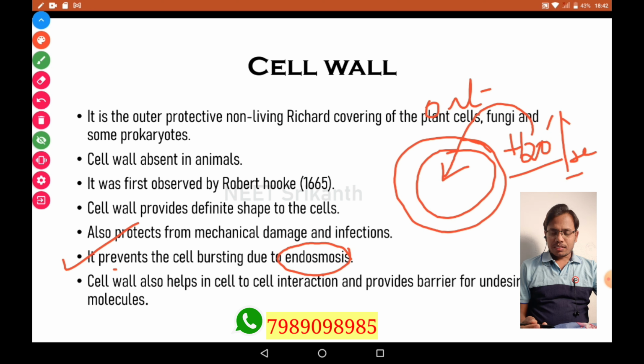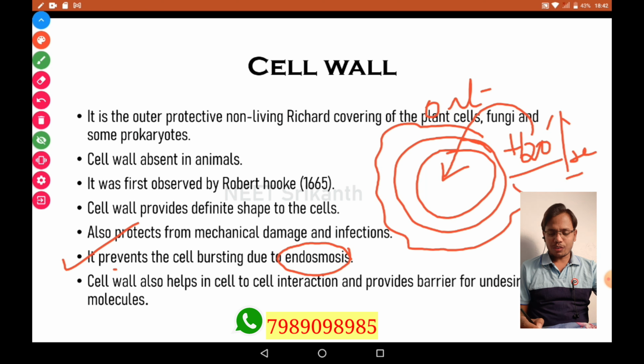But plant cells have the cell wall. What is the outermost layer in the plant cell? Cell wall. So what is the meaning of endosmosis? Endo means inside. Osmosis, the movement of water from outside to inside, is known as endosmosis. Due to endosmosis, water is going to press on the walls of the cell.